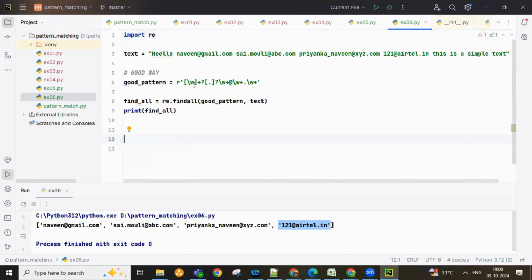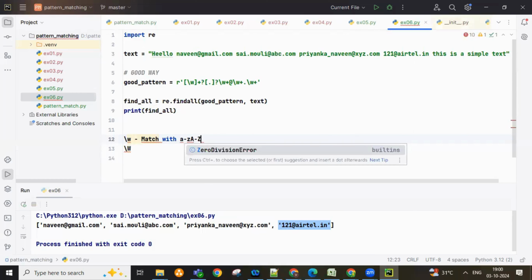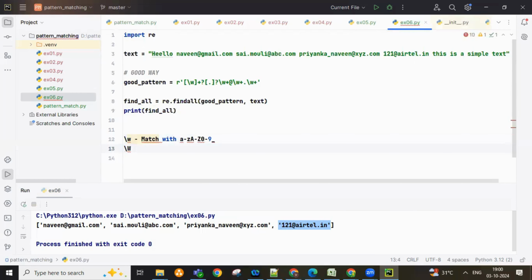And quickly, in order to close this one, let me do one thing, guys. \w you are aware of. If it is capital \W, it matches with the opposite of A to Z, capital A to Z, 0 to 9, and underscore, right?